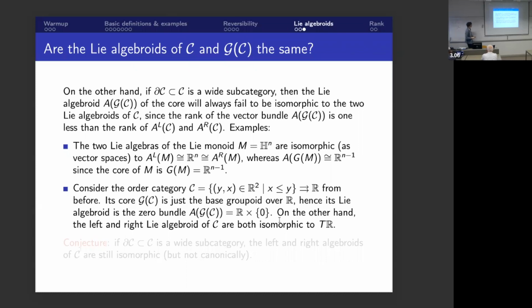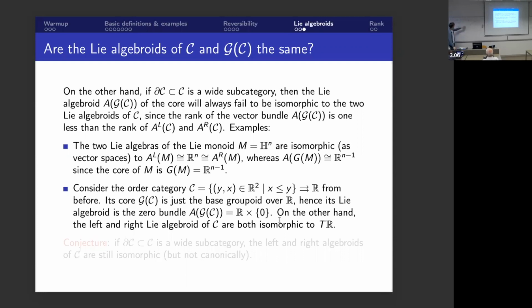And how do we talk about the algebroids of these? Well, here you can immediately see this is not even a trivial category, something that doesn't even deserve the name of a trivial category, because it's literally just the base groupoid. What that means is that for any object, I only have the identity, right? Yeah, it's a base groupoid.